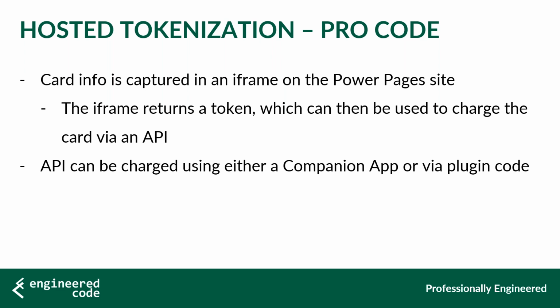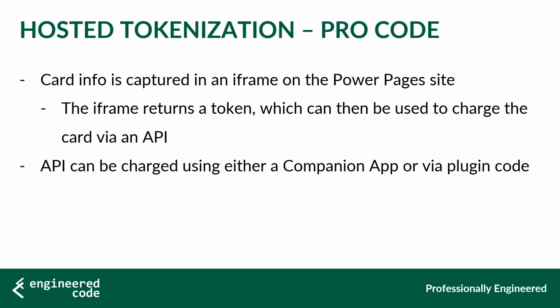The other way we've done it, if we don't have a companion app, is within a plugin within Dataverse. Again, that token doesn't fall within the scope of PCI compliance, at least that's my understanding. So when you make the call to the API, you don't have that credit card number. You can charge the credit card, but you don't actually know what the credit card number is.